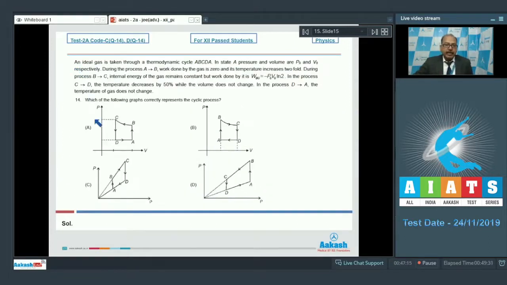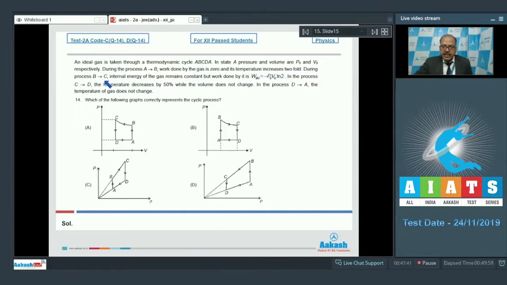Well, we now have the paragraph for questions 14 and 15. Let's read the paragraph. It says, an ideal gas is taken through a thermodynamic cycle ABCDA. In state A, pressure and volume are P0 and V0 respectively. During the process AB, work done by the gas is 0 and its temperature increases twofold.